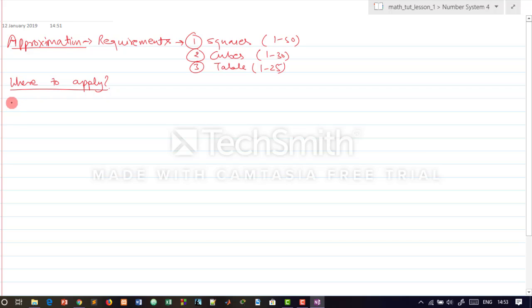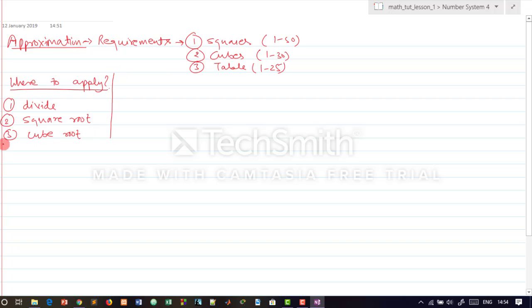We only apply this method in 3 operations. Number 1 is the divide operation, number 2 is finding the square root of a number, and number 3 is finding the cube root of a number.